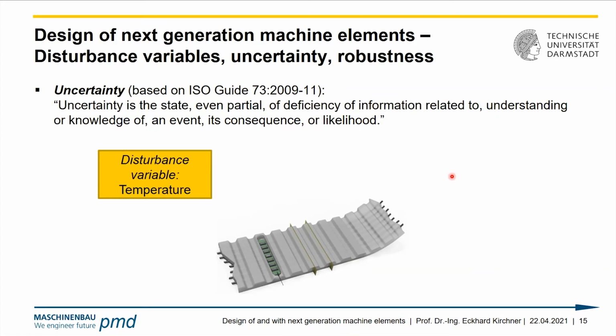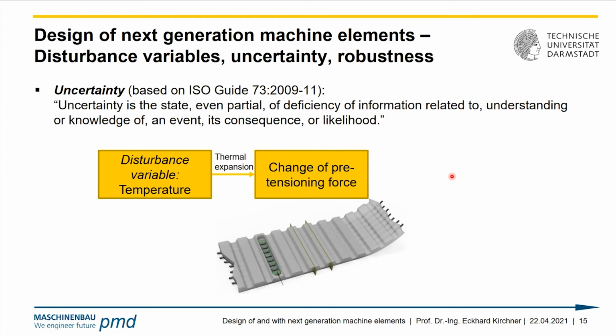Let's look at an example. We have a disturbance variable, the temperature. The temperature change causes a thermal expansion, for instance, of our tooth belt. Here, the thermal expansion of the steel wires is the dominating factor. And that leads to a change in eigenfrequency. If the steel wires elongate due to thermal expansion, the pretension will drop, or at least change the length.